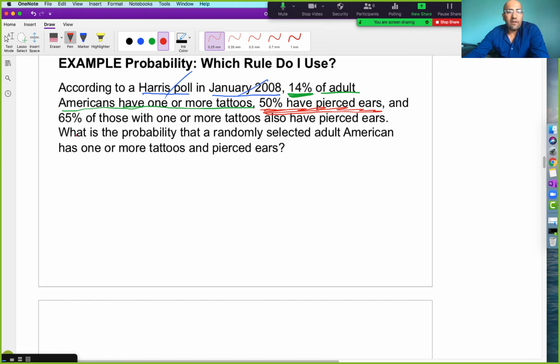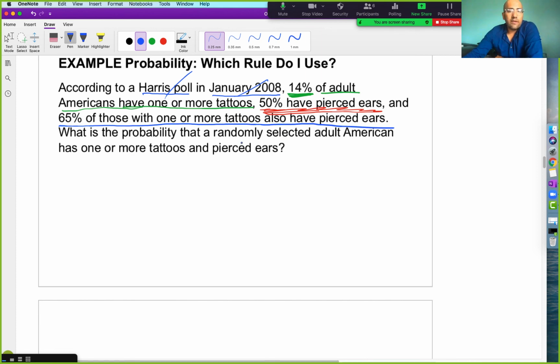And 65% of those with one or more tattoos have pierced ears. I should probably have chosen a different color. Let's go back to blue. And 65% with one or more tattoos also have pierced ears.